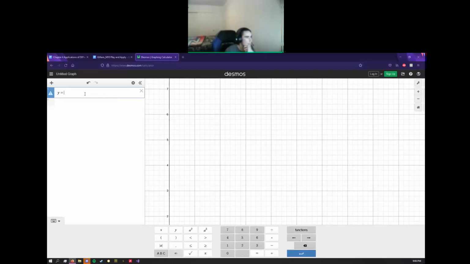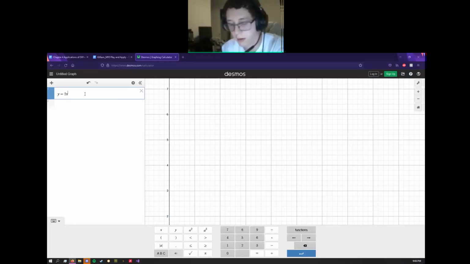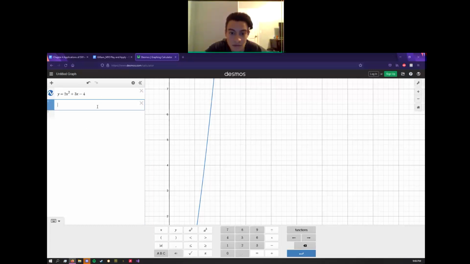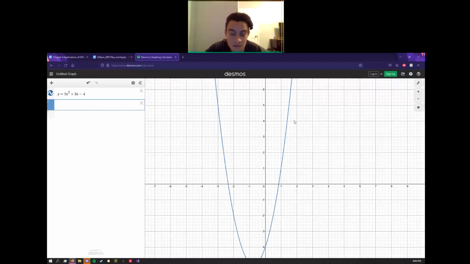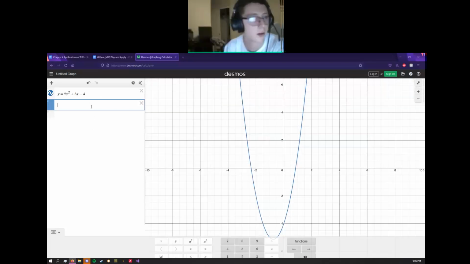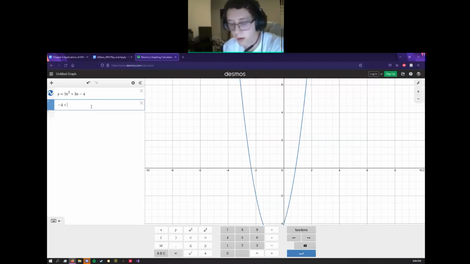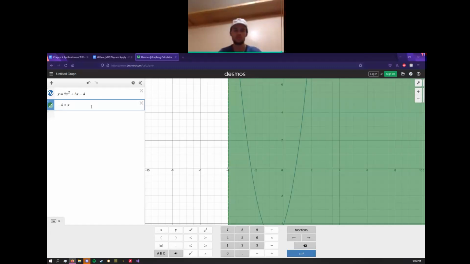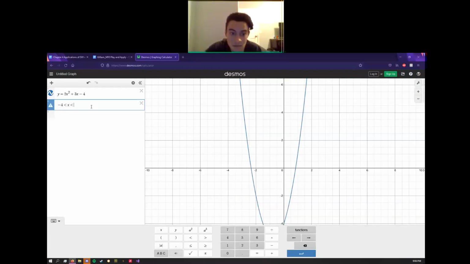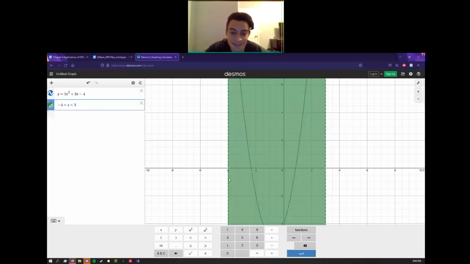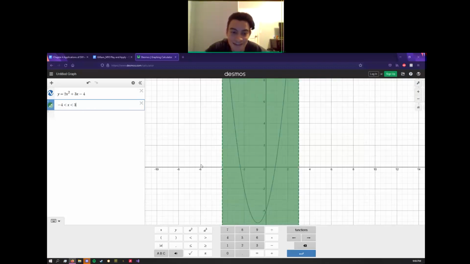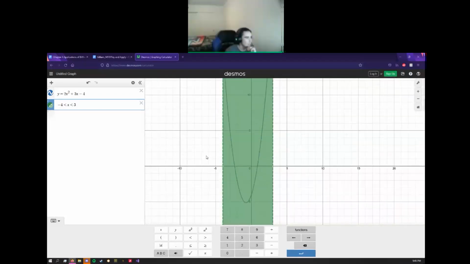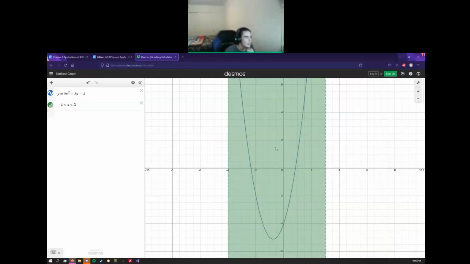I could see if you do x squared and put a restriction in there, so we only want from 4 to 2. It kind of sort of shows it, I guess. But I was talking about the graph itself stopping there.